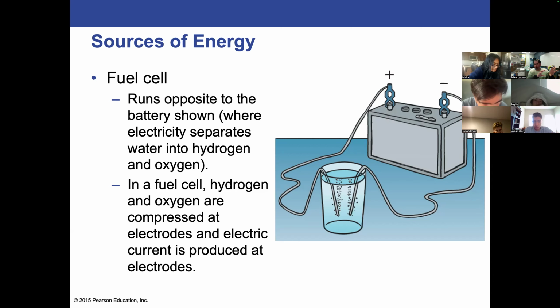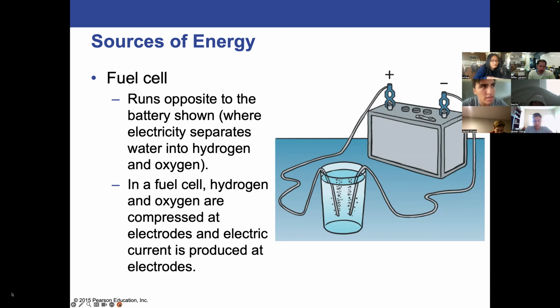You just take the battery equation and reverse it. We'll get into that a little more when we talk about electricity, but it's hard to explain without some real fundamentals of electricity down. All right, anyone need more time?